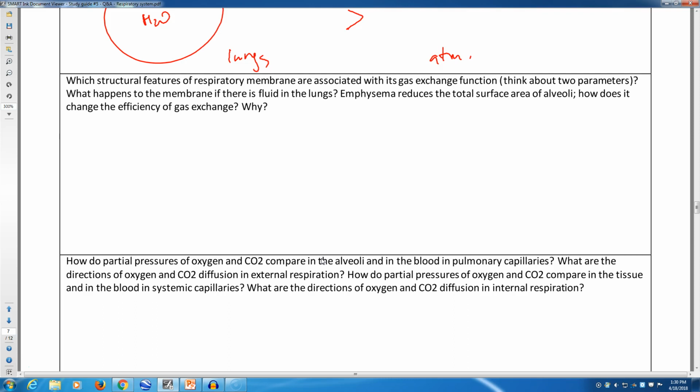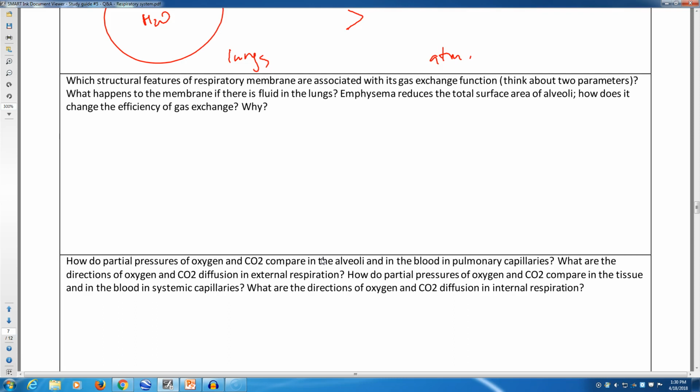So, the respiratory membrane is what? Thin, and its surface area is huge. Thin ensures that the gas exchange is fast. Huge area facilitates diffusion as well.